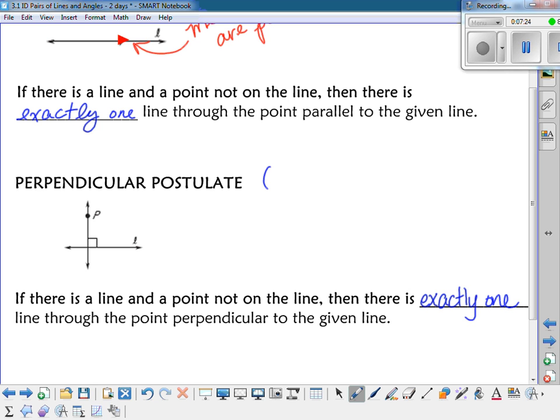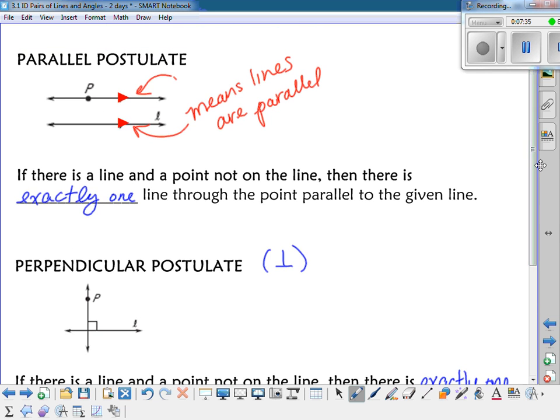And we've already seen this before, but just a reminder, when we're talking about perpendicular, we use that upside down T symbol. And then for parallel, I should have mentioned up here, we use two lines close together to indicate parallel.